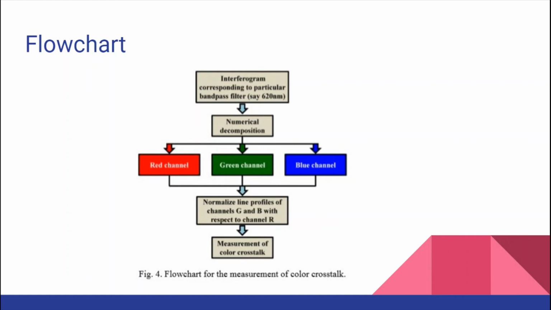If we are looking at the red channel, we normalize the green and blue channel line profiles with respect to the red channel, since it is the red channel under consideration. These normalized line profiles give us a measurement of the color crosstalk in the red channel.